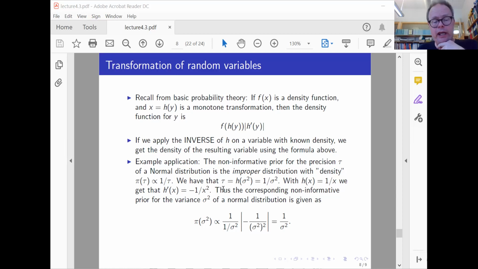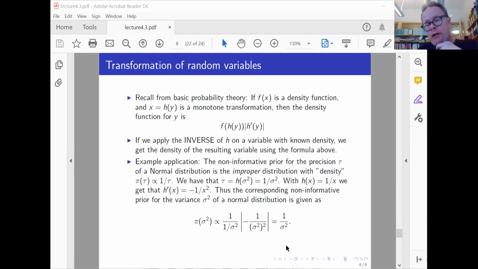You can use this theory to get that, because tau is h of sigma squared, which is 1 over sigma squared; this is always the relationship between the precision and the variance. So h of x is 1 over x, and the derivative of that is minus 1 over x squared. Now we can plug into this formula using tau as x and sigma squared as y, and it solves to 1 over sigma squared.